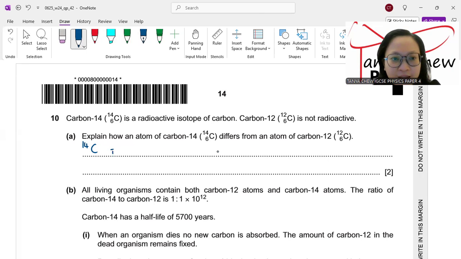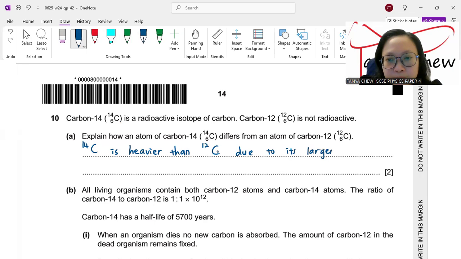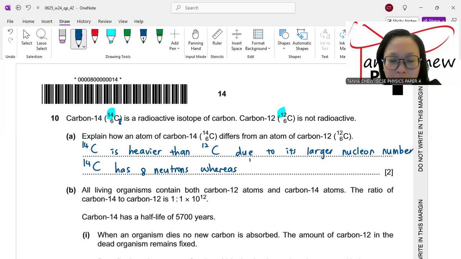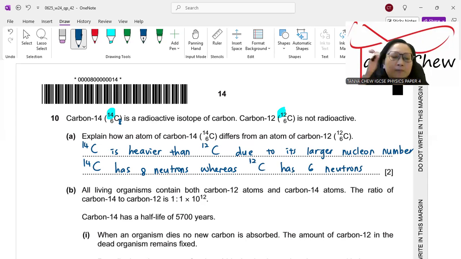Carbon-14 is heavier than carbon-12 due to its larger mass number or nucleon number. 14 and 12, 14 is larger, that's why it is heavier. And also carbon-14 has 8 neutrons, whereas carbon-12 has 6 neutrons. That's it.